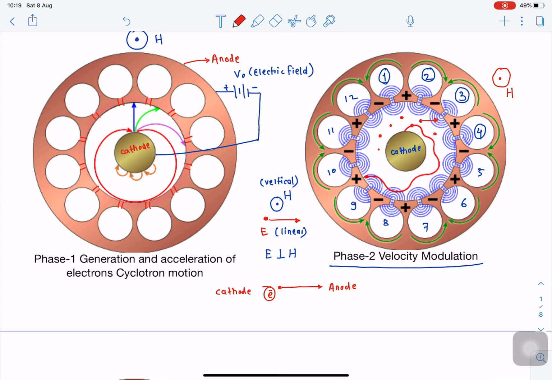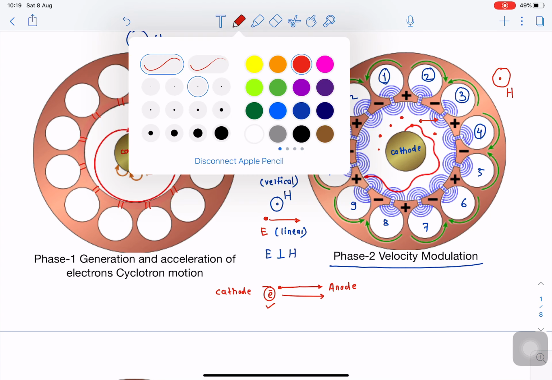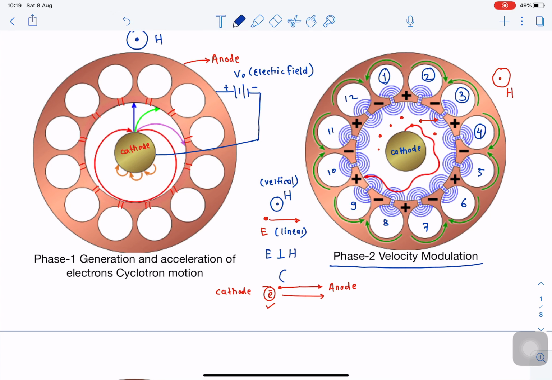When the cathode releases this electron, it starts traveling towards the anode linearly. Now in the presence of the magnetic field, which is perpendicularly oriented in this way, the motion of the electron will not remain linear. Because of the magnetic field, the electron's path of travel will get bent. The electron path will get bent in this particular way.